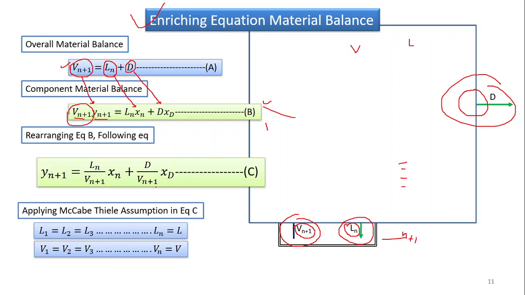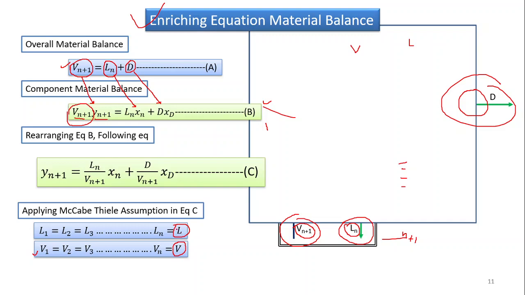So we assume that L1, the liquid flow rate for the first tray, is equal to the second tray liquid flow rate, equal to the third, and so on, and that can be taken as the value L, the flow rate of liquid in the enriching section. Similarly for the vapor, V1 equals V2 equals V3 and so on. So V is the flow rate of vapor in the enriching section. This is the concept.